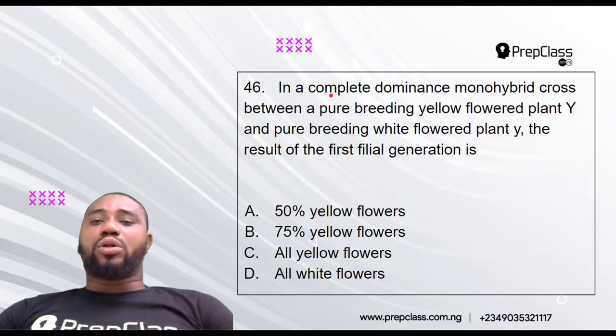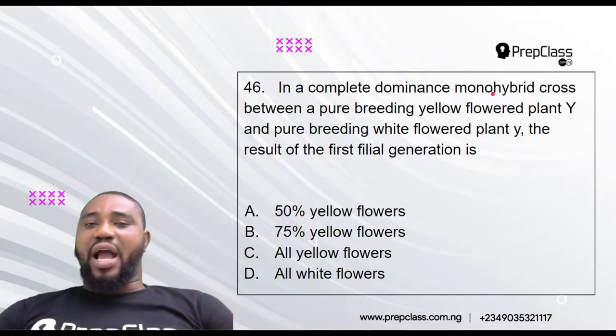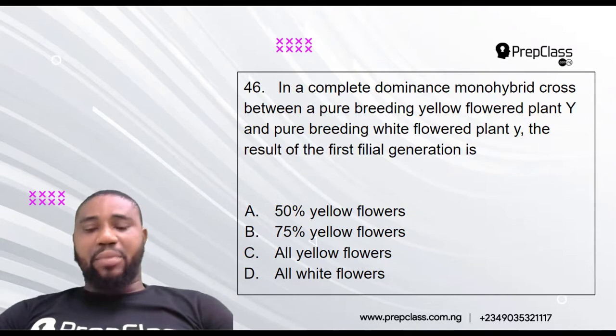Now when you hear the word monohybrid cross, it simply means a kind of crossing or mating whereby you are considering only one kind of character. Maybe you are considering only height, maybe only color.